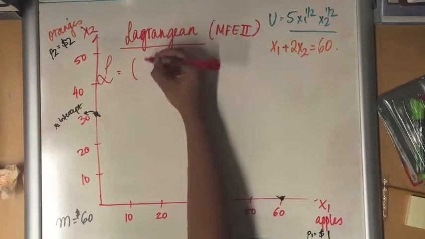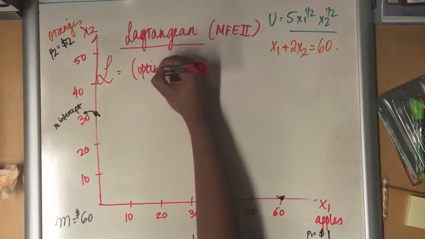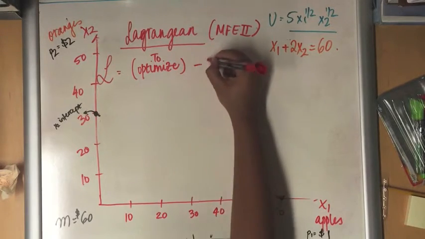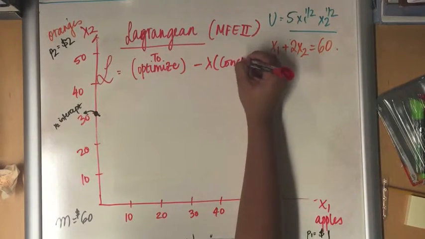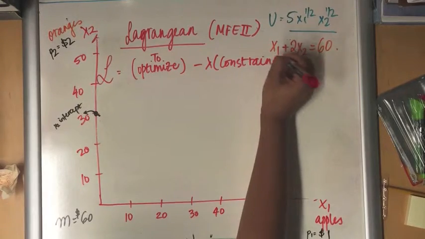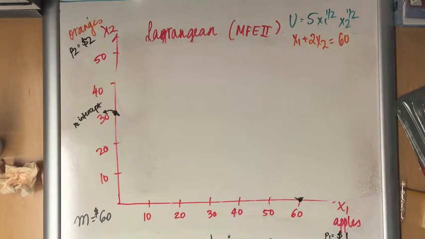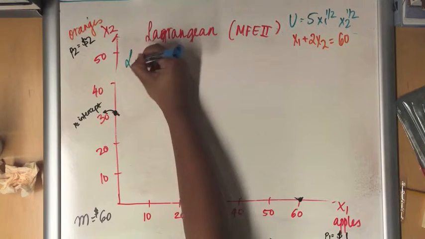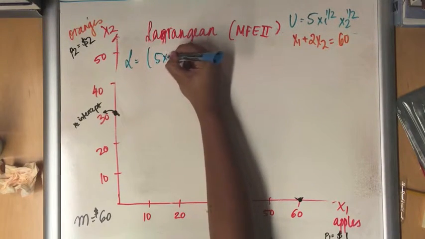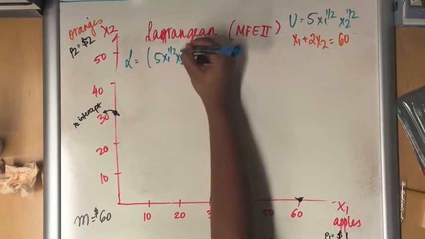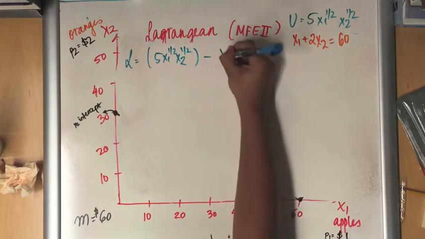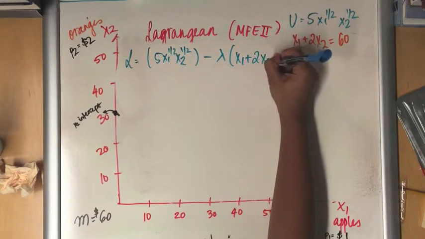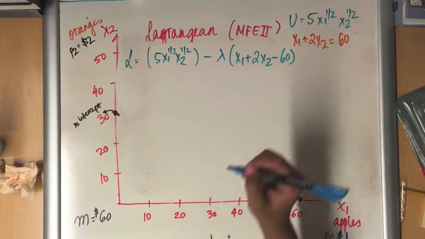The Lagrangian function is defined by what you are trying to optimize minus lambda of the constraint. So the Lagrangian is 5x1 to the half x2 to the half minus lambda times x1 plus 2x2 minus 60.